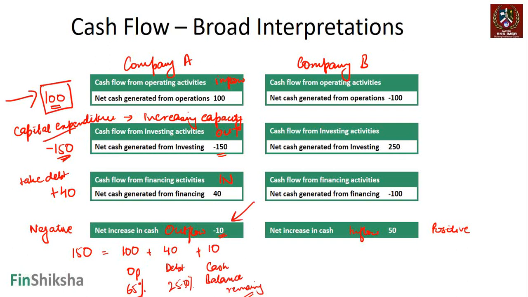Let's look at company B now. In company B, you see negative cash from operating activities, so that's an outflow. You have positive cash from investing activities, so that's an inflow, and negative cash from financing activities, so that is an outflow.